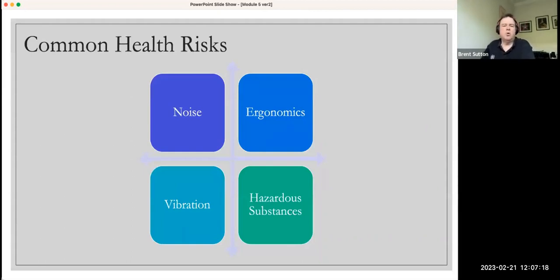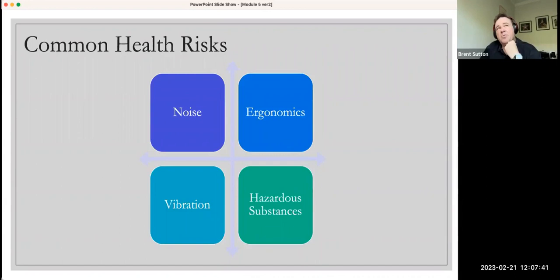I want to explore four common health risks that I see with machines: noise, ergonomics, vibration, and hazardous substances. There are many other types of common health risks, and depending on the type of machine, we would explore those in different ways.